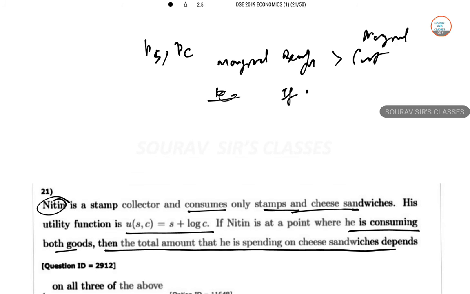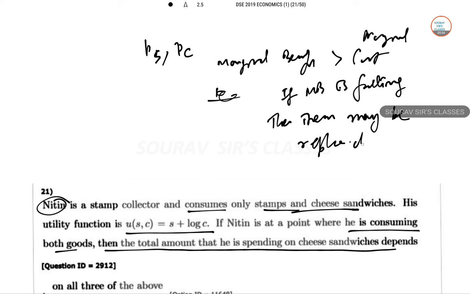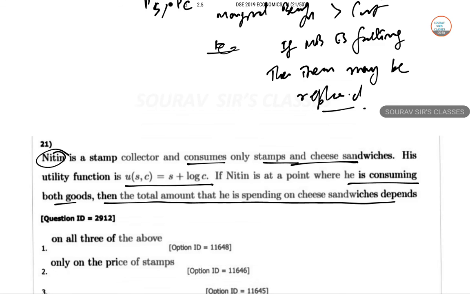So if MB is falling but the cost is not changing, the item may be replaced.